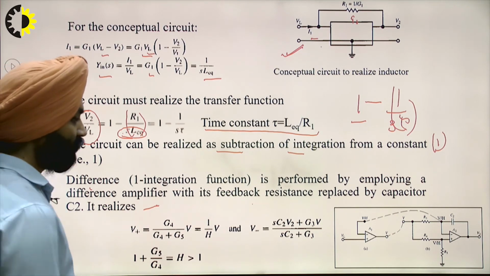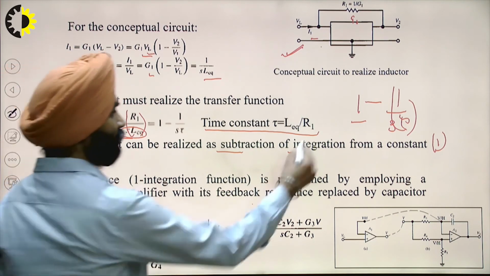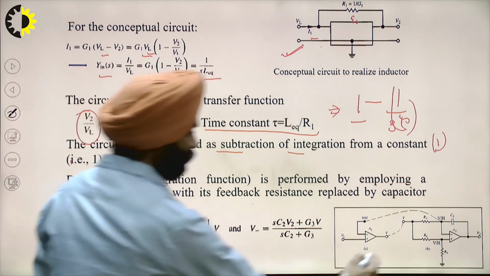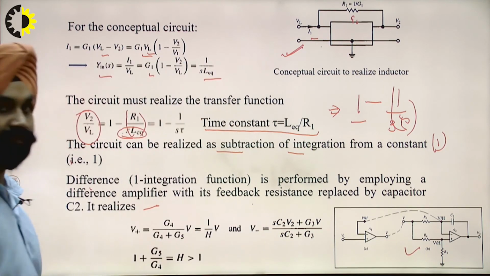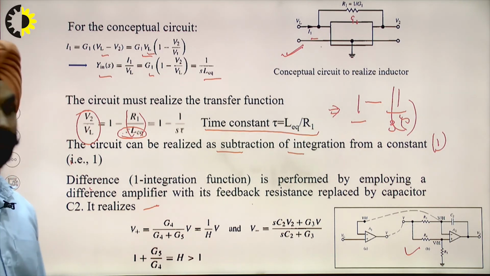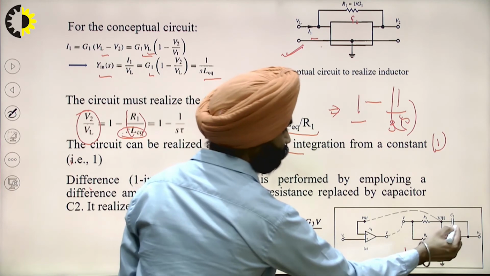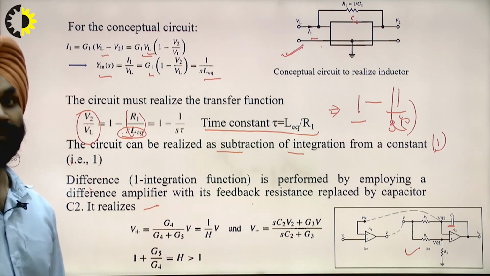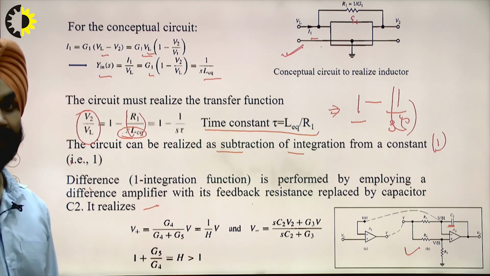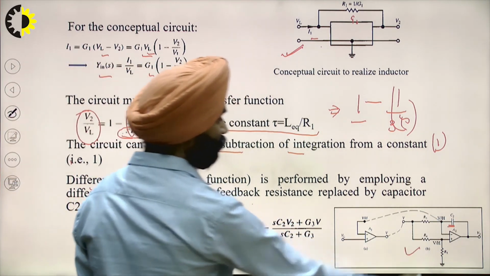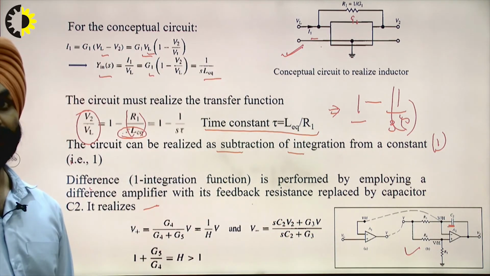So this circuit can be realized by an integrator with the difference amplifier, and the feedback is given as a capacitor to make it an integrator. This whole circuit will give 1 minus 1 by S tau.